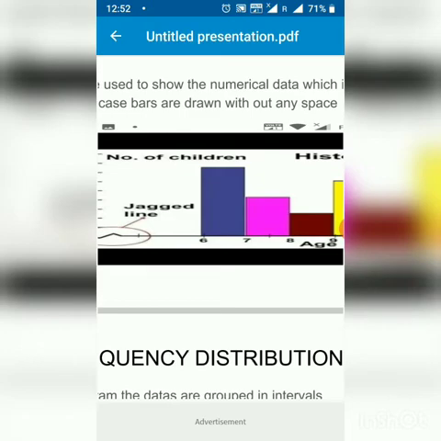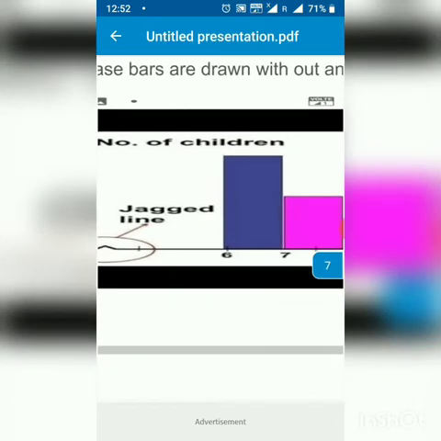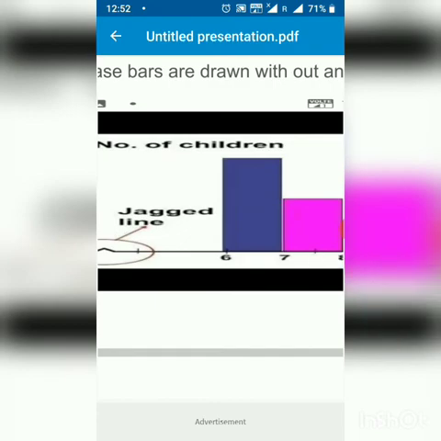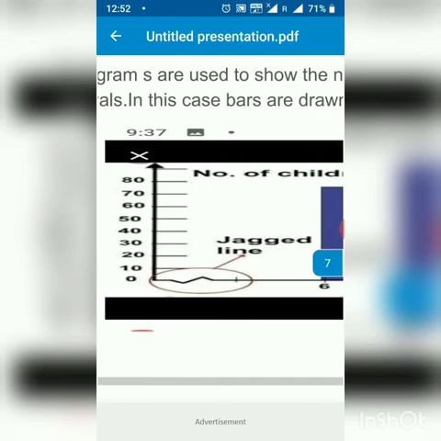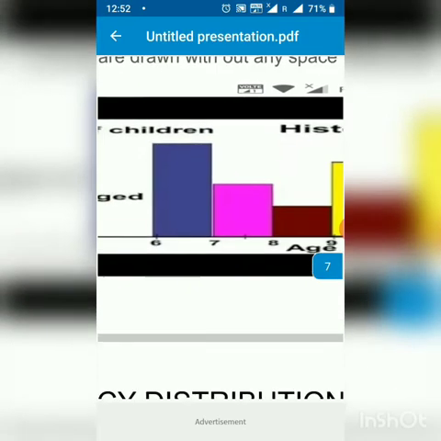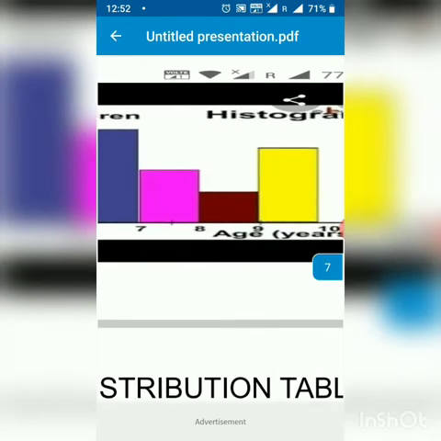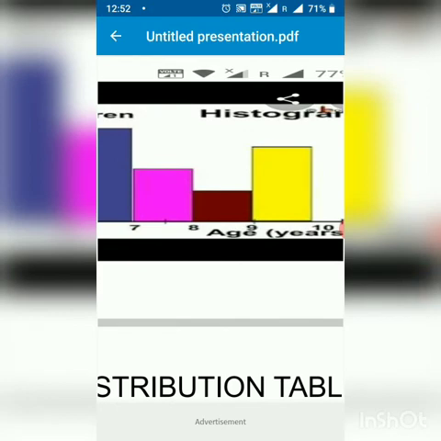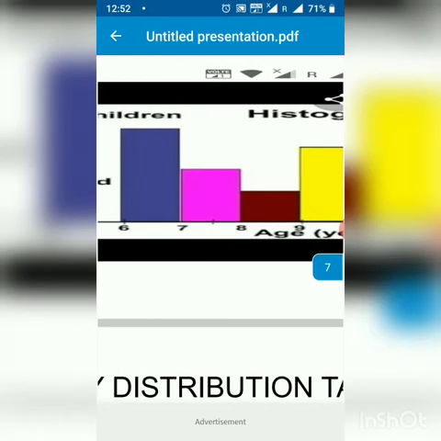And for this we have to draw a table first. We have to write how many children are there between the 6 to 7 year group, then 7 to 8, how many, 8 to 9, then 9 to 10. Here when we are grouping the data, that is the age 6 to 7, that is known as the class interval.